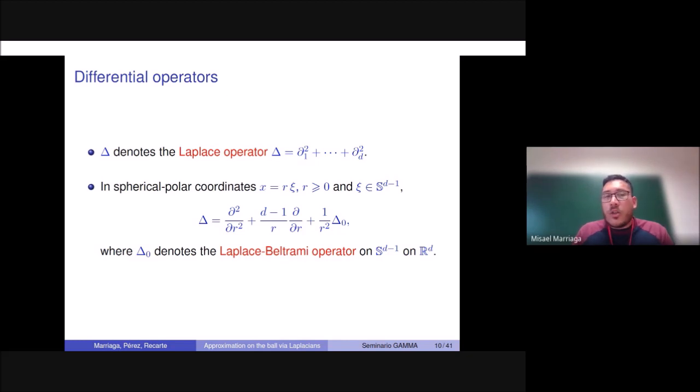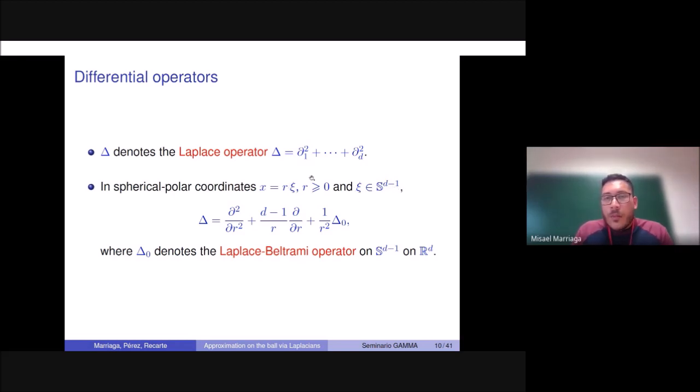I'm also going to use spherical polar coordinates, a representation of points in R^d with a non-negative parameter r, which is basically the norm of x, and this letter, which I can't remember the name of, is just an element of the sphere.